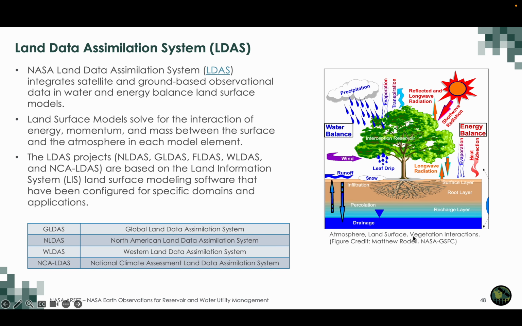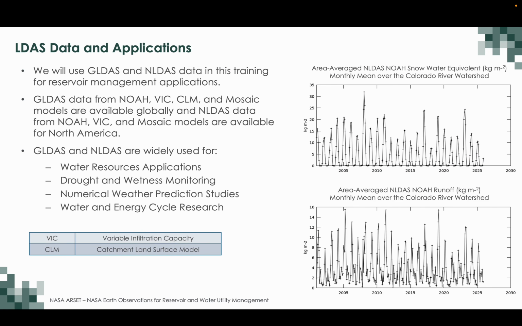There are several land data assimilation systems for different geographical regions and for different purposes: North American land data assimilation system, global land data assimilation systems. There are also specific LDAS for Western land data assimilation and National Climate Assessment land data assimilation. In this training, we will mostly use GLDAS data, but we will also look at NLDAS data for North American regions.